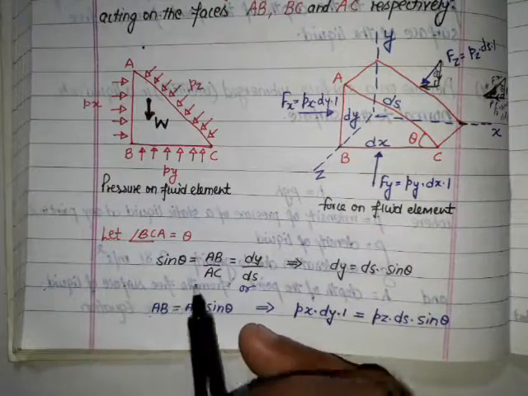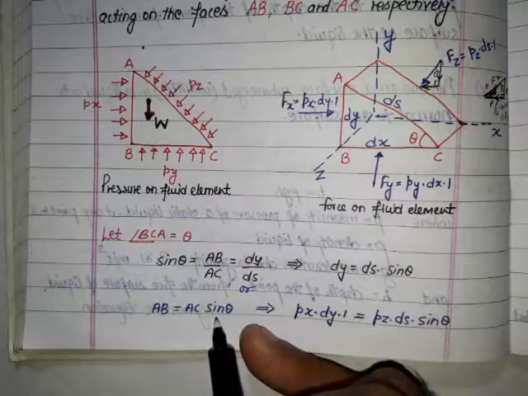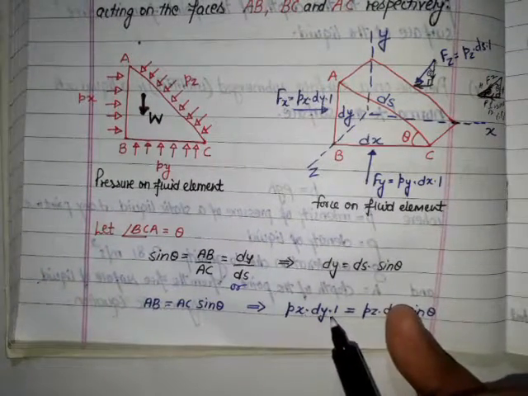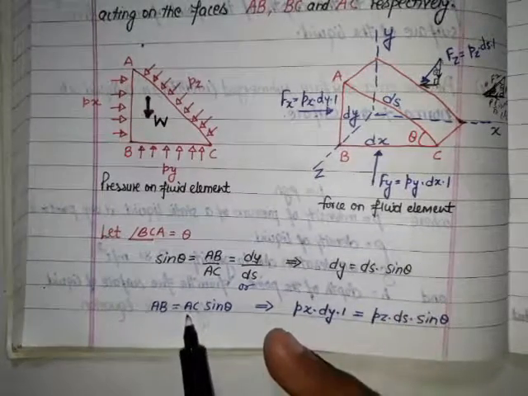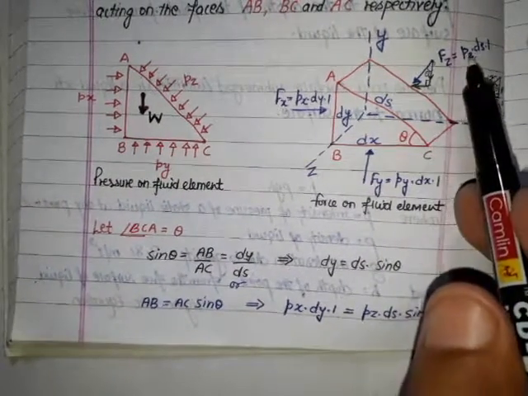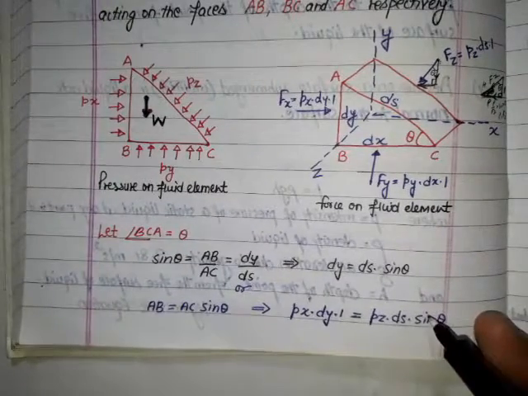Or from here we can see AB equals AC sin theta, and the force on the face AB, Px dy into 1, equals the force on AC, that is Pz ds sin theta.